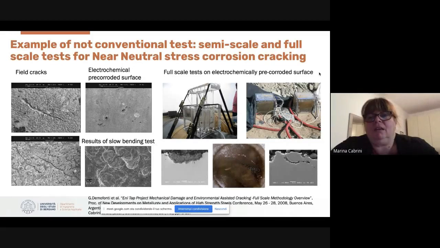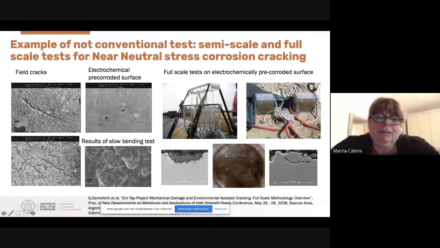This is a particular form of stress corrosion cracking that was observed on buried pipelines after many years of service, in which there is a particular condition with some localized attack in a generally corroded surface.